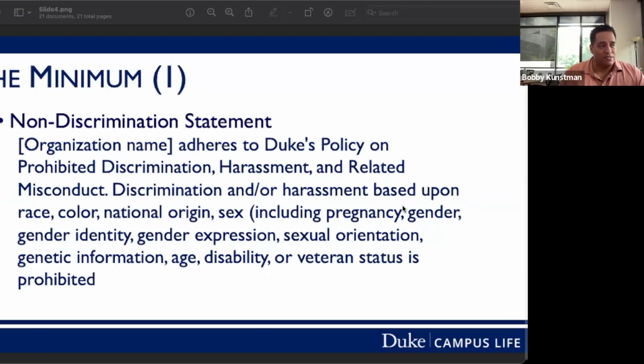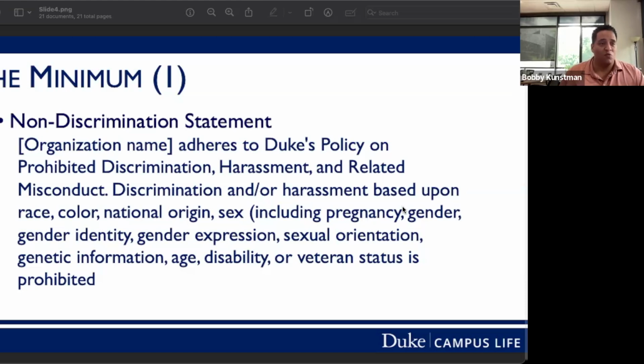It's saying you are following university policy: as a student organization that is recognized and registered with Duke University, you are adhering to our policy of prohibited discrimination, harassment, or any related misconduct on what we would identify as a protected class that has been federally identified by the US government and also state identified as well. So we ask for y'all to include this language word for word in your constitution in order to make sure you're in alignment with university policies and practices.